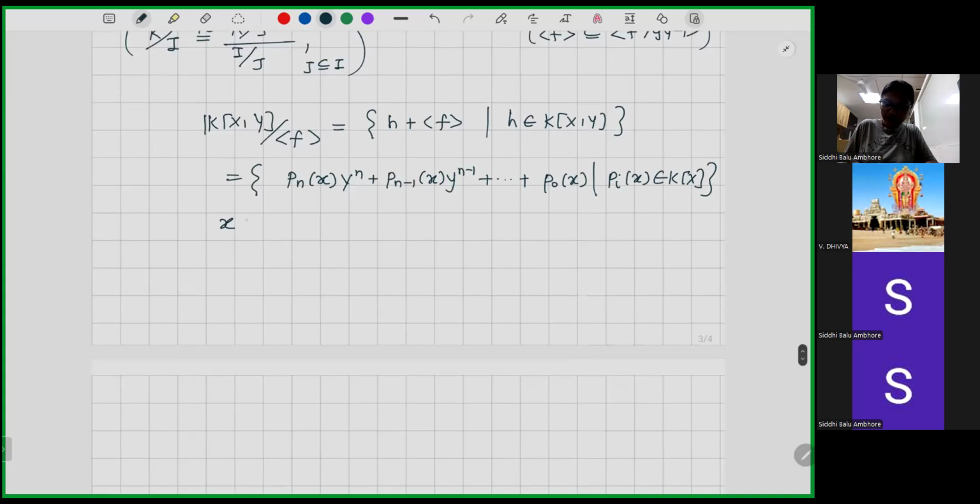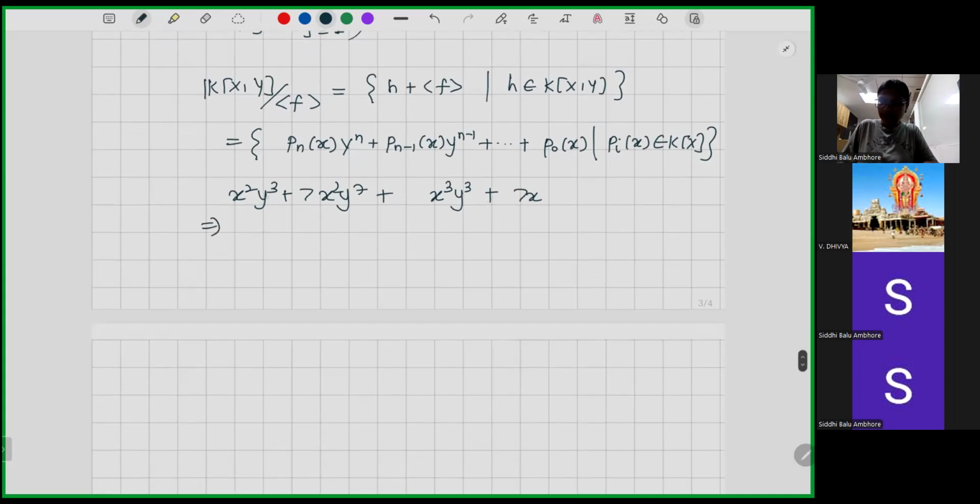For example, if I take a polynomial like x squared y cubed plus 7x y^7 plus x cubed y cubed plus 7x, then I can definitely write this as a polynomial in y with coefficients in x.